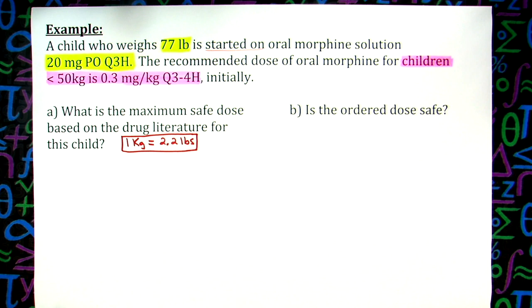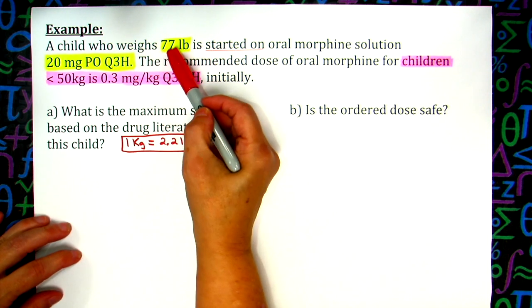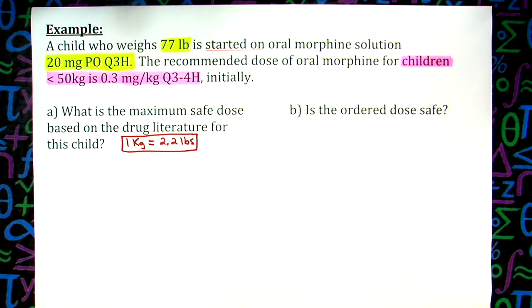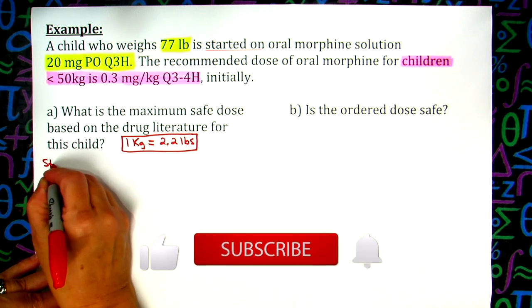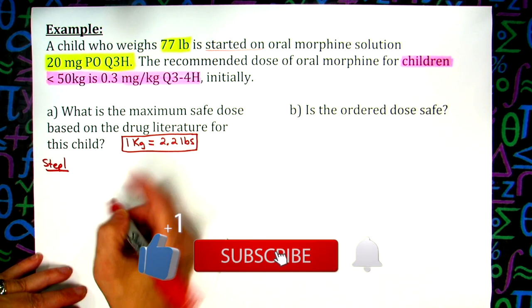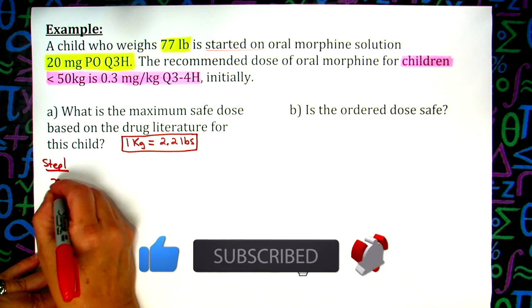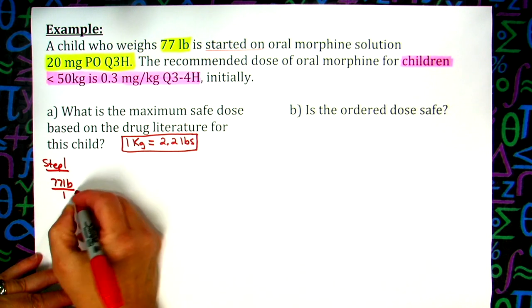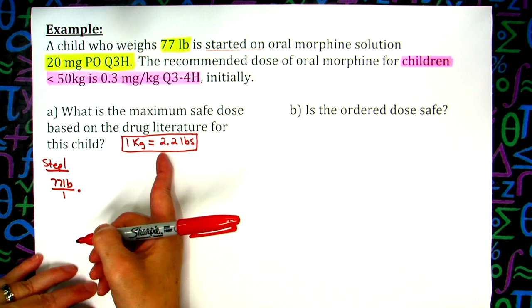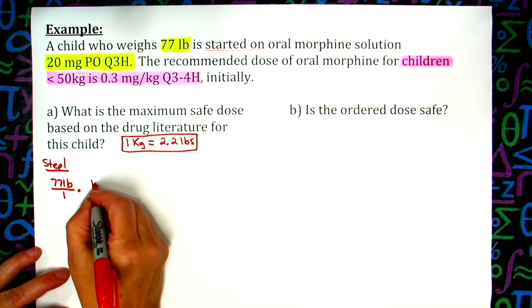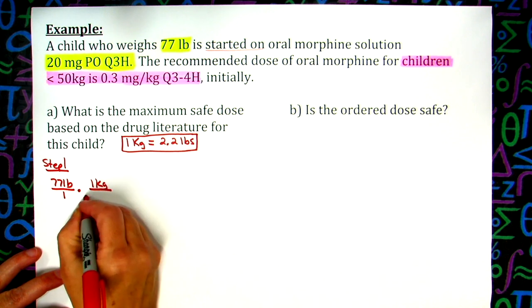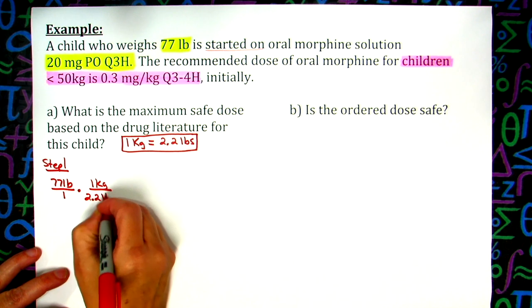If you are really good at your conversions, you don't have to use unit analysis. You can just take 77 divided by 2.2. But if you do want to see that done in unit analysis form, step one would be to take the 77 pounds over 1, and then multiply by the conversion factor, putting pounds on the bottom, which would be 1 kilogram over 2.2 pounds.